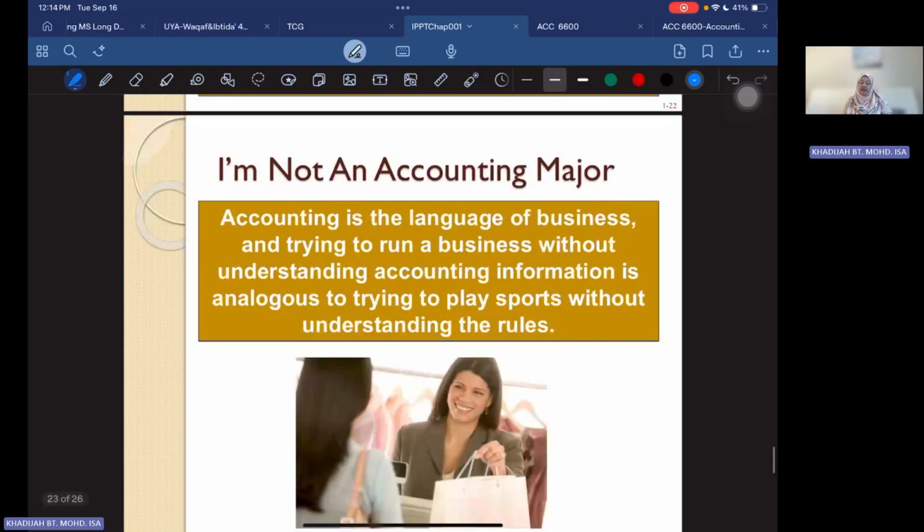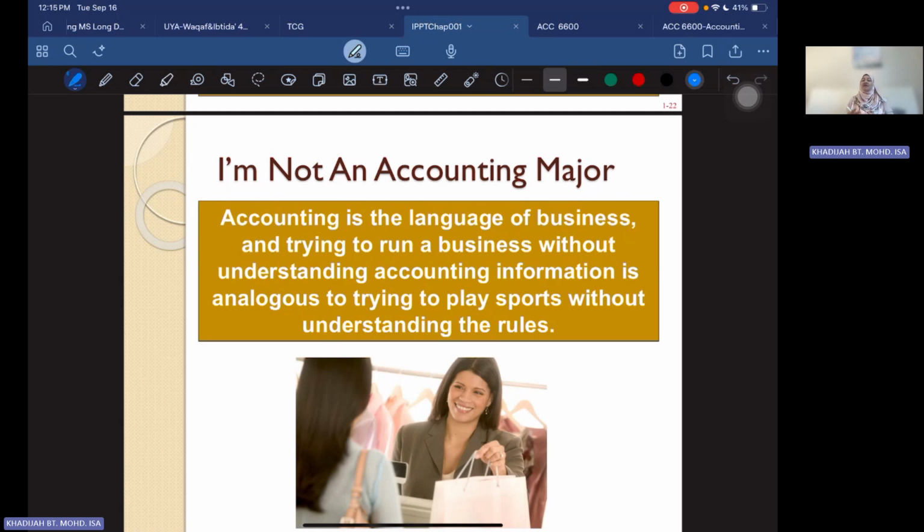Okay. So I'm not an accounting major. Why should I learn this? Because accounting is the language of business. You have to understand accounting, then only you understand the business better. And trying to run a business without understanding accounting information is similar to trying to play sports without understanding the rules.